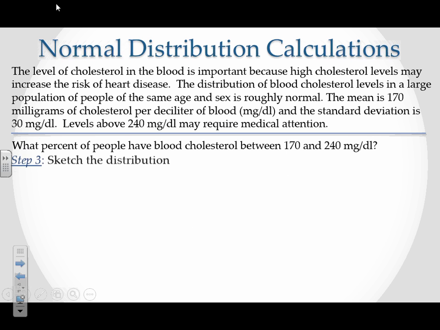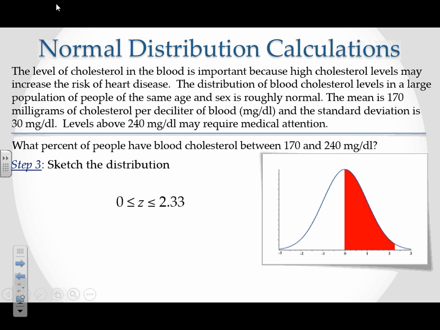So as far as the sketch is concerned, on our normal distribution, we're going to make a boundary line at 0, right in the middle, and we're going to make a boundary line at 2.33. We want everything in between, so we want to shade everything between those two. Okay? Since we know what our two boundary points are, what do I need to do at this point?